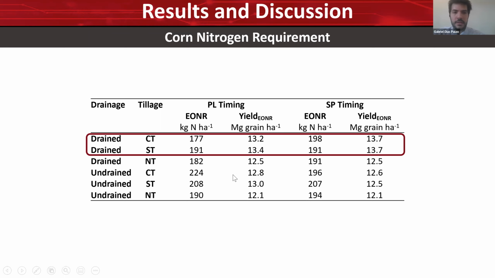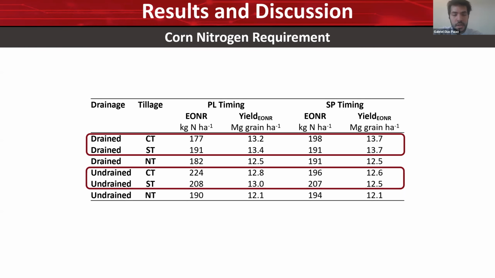The first thing that I'd like to show is that conventional tillage and strip tillage in drained soils produced very similar grain yield at UNR and also very similar UNR values. So this indicates that nitrogen management can be done similarly for conventional tillage and strip tillage in drained soils.